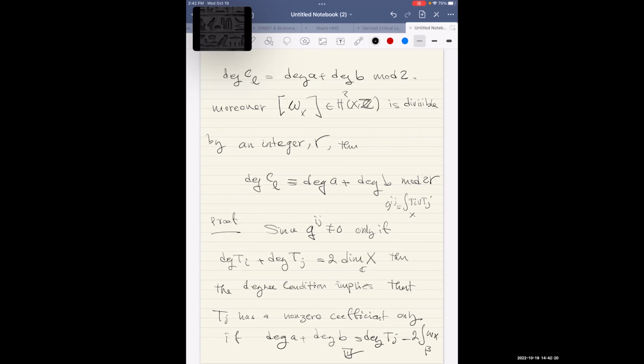That particularly means that the product of A and B has degree exactly degree of A plus degree of B modulo 2 times the intersection product, and that's just R, basically. The canonical class against beta.